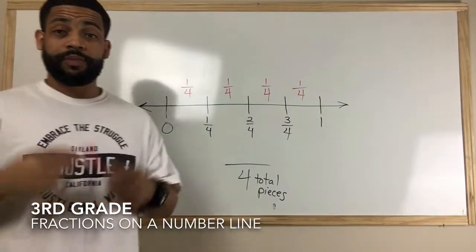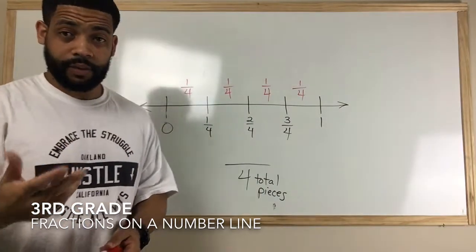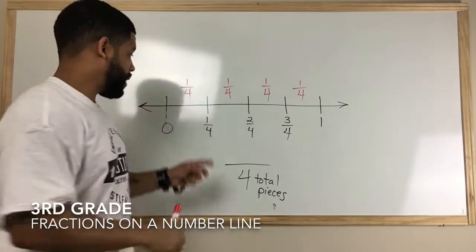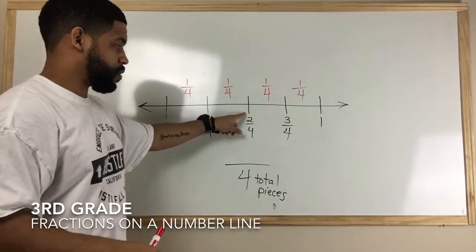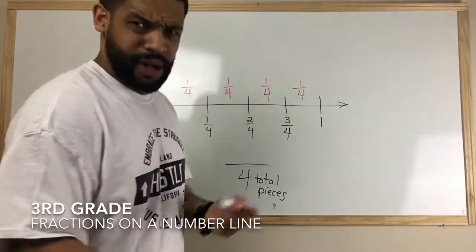Students need to be able to identify those fractions on a number line. In most cases, they have to be able to identify that this right here is 1/4, this is 2/4, this is 3/4, and so on. So let's try another example.